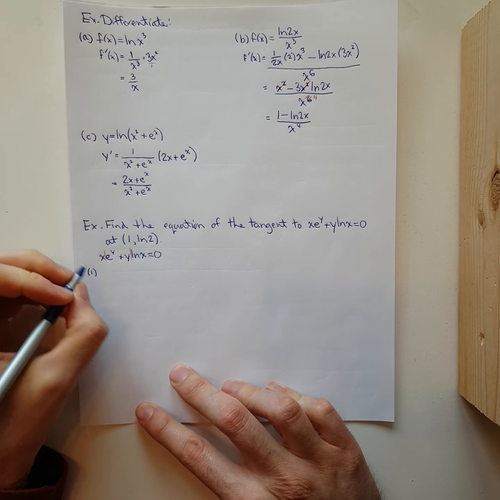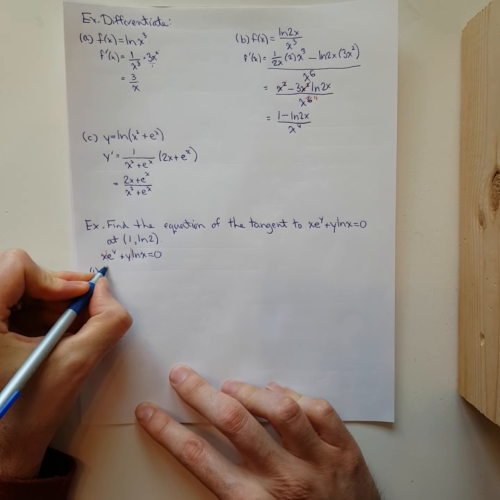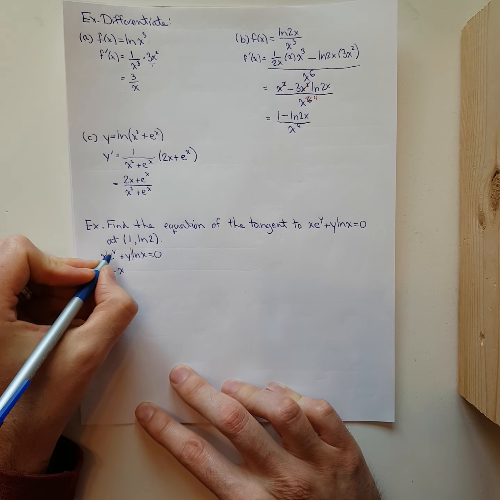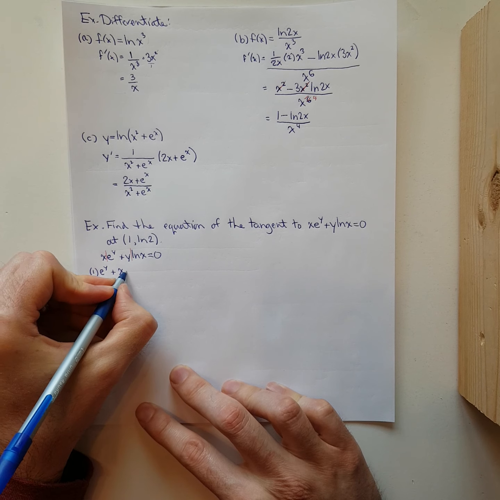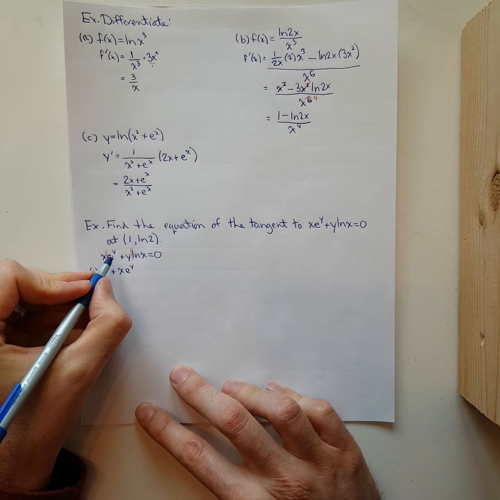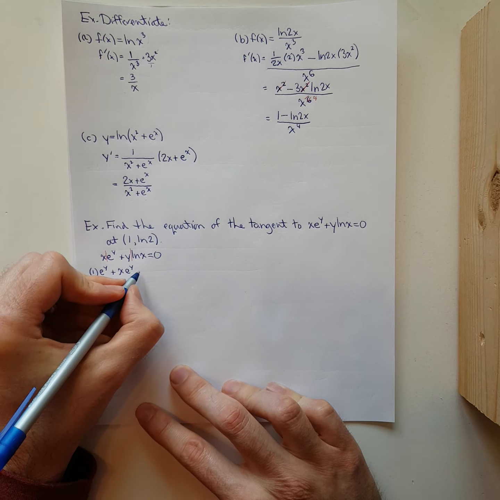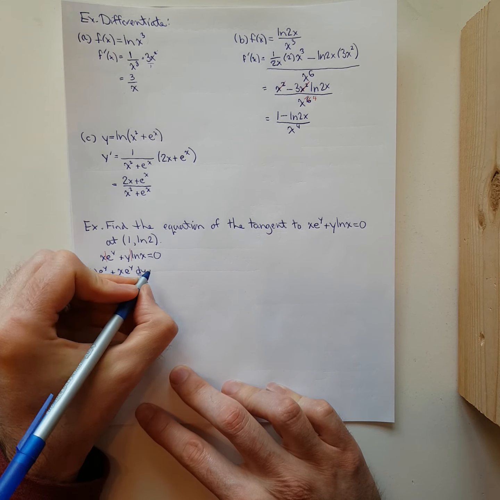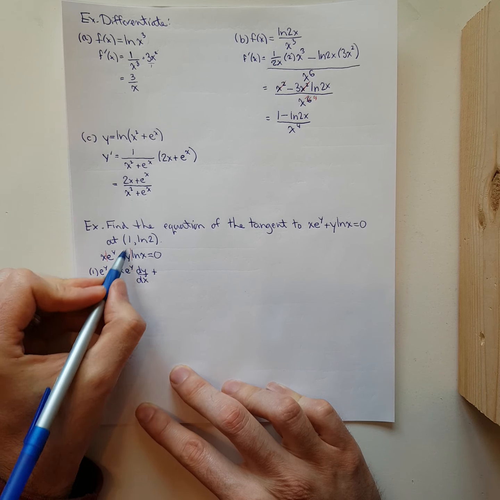which is 1, multiplied by the second, e to the y, plus my first function, x, times the derivative of the second. The derivative of the second would be e to the y, multiplied by the derivative of the exponent. The derivative of y would be dy by dx, plus my second function.